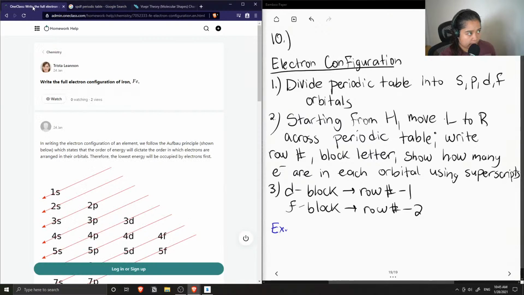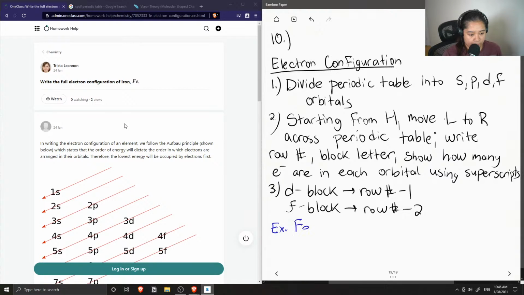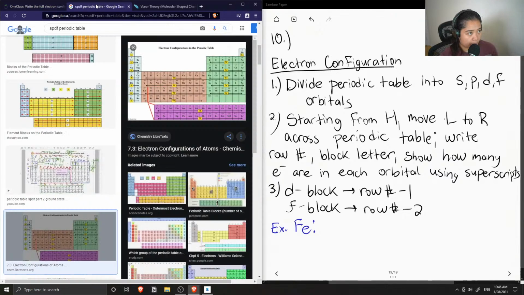Okay, so now let's try to do our example, which is iron. So iron is found here, right in the middle of the transition metals, atomic number 26.